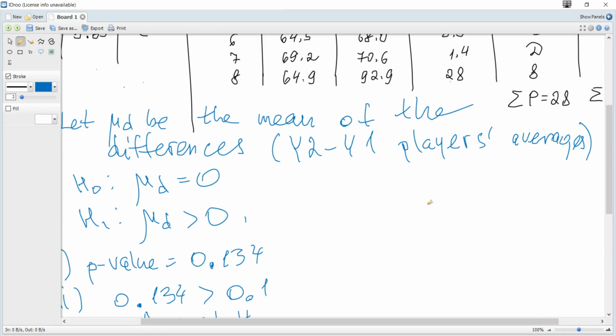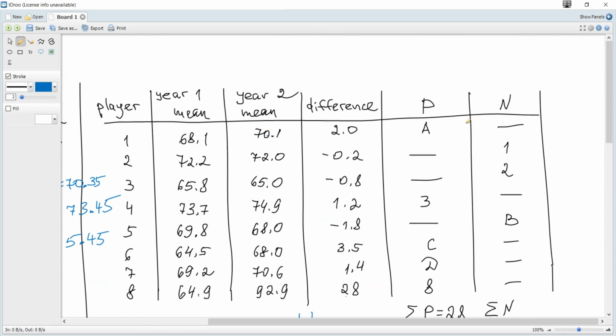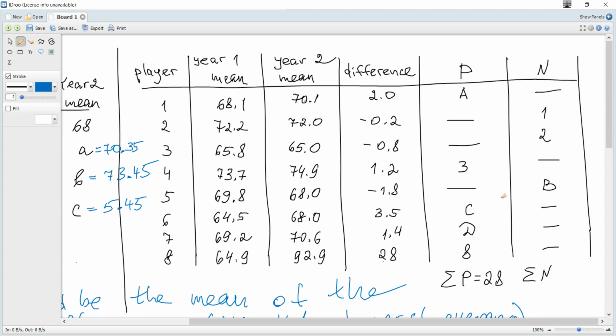So it is given, and again ranks from 1 to 8, and we consider only magnitudes, and you can see that the smallest magnitude is of rank 1 and the greatest magnitude is of rank 8, and we should write separately positive differences and negative differences.